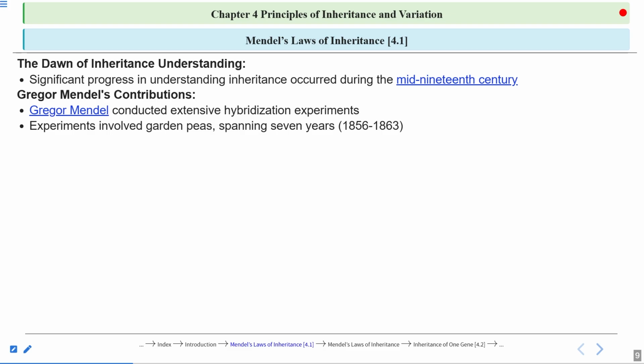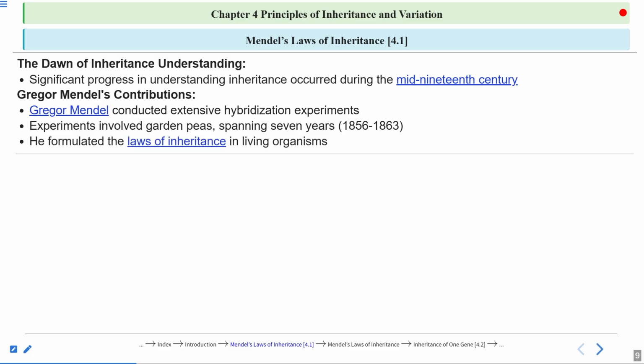So his experiment involved garden pea, meaning pea plant, and he conducted experiments for 7 years from 1856 to 1863. So you can see how much work was done by Mendel.